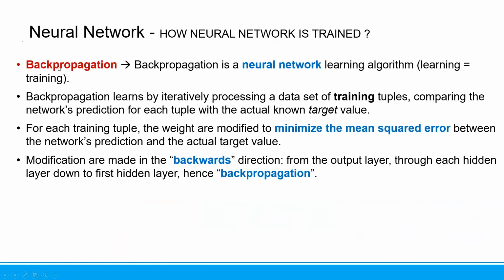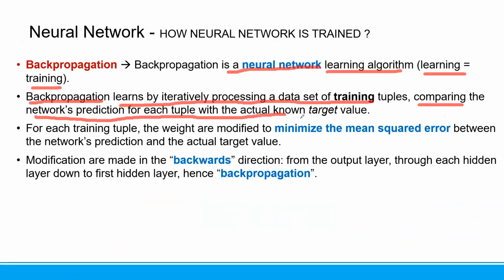So we come to a new algorithm, we call it backpropagation. Backpropagation is a neural network learning algorithm. Learning means training. Backpropagation learns by iteratively processing a data set of training tuples and comparing the network prediction for each tuple with the actual known target value.